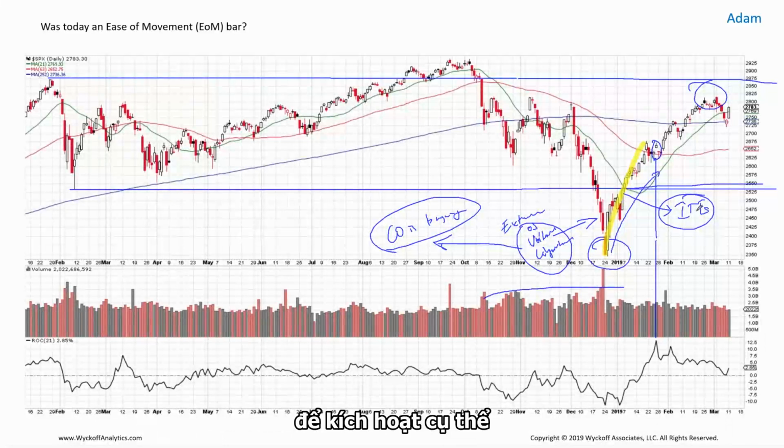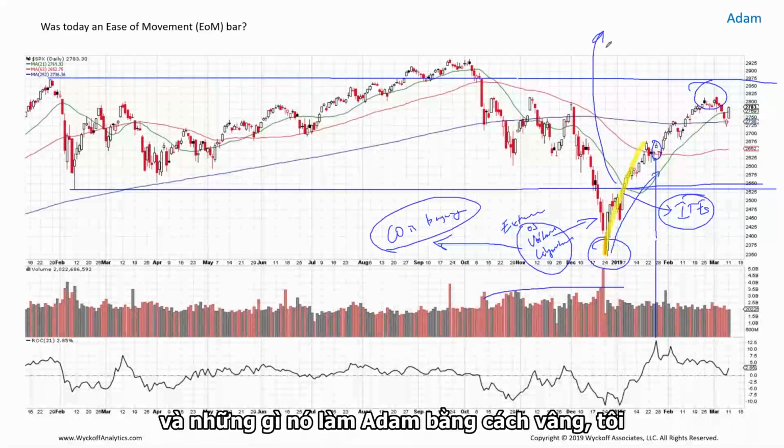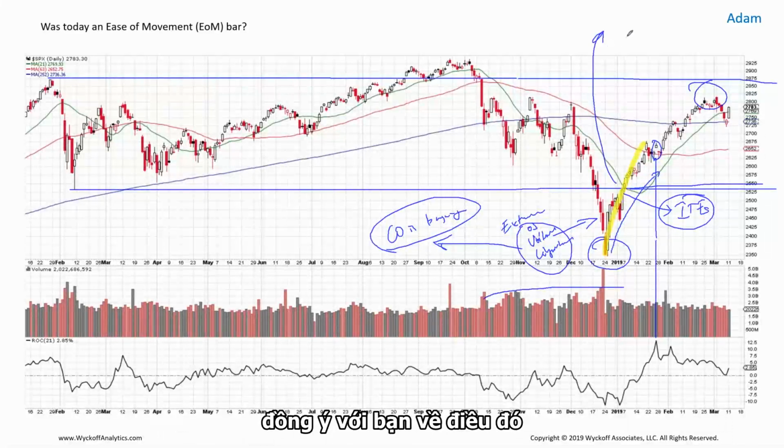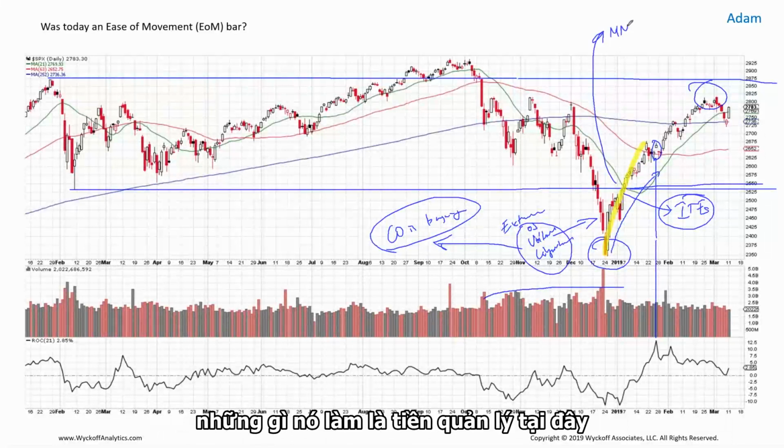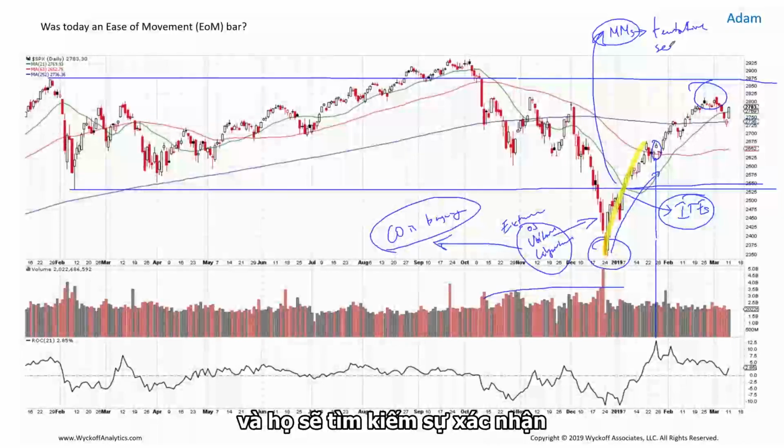So that triggers specific behaviors by money managers. They want to be tentative and they seek confirmation. Adam, by the way, yeah, I agree with you on that. Money managers at this spot are going to be tentative and they will seek confirmation.